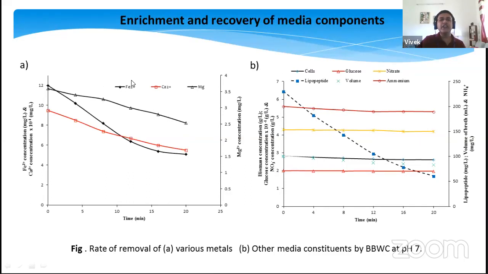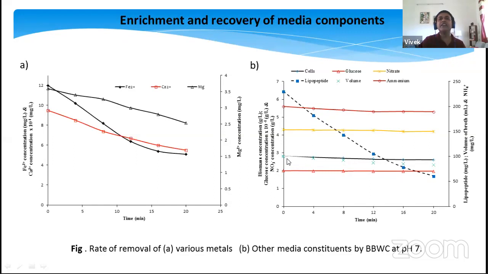We found that Fe2+ showed greater depletion. You can see it is continuously dropping as compared to calcium and magnesium 2+. That means you have to replenish the medium by supplementing more and more of these vital trace elements if you're aiming for a sustained continuous process. On this graph, you can also see the cells are depleting.